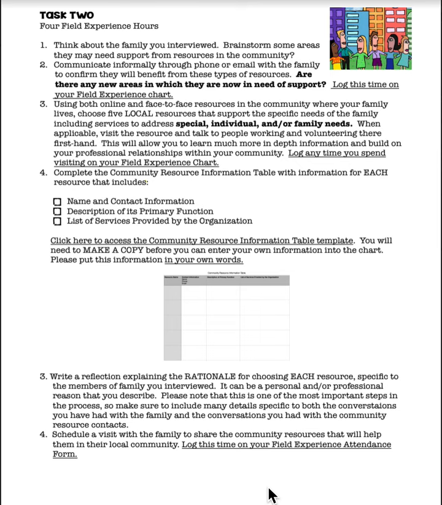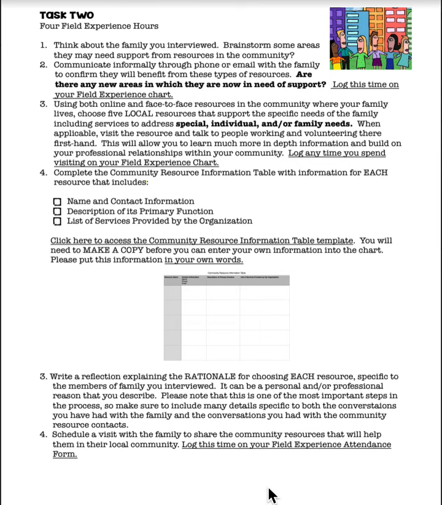the signature area blank. Also, we are going to now go online once we have an idea of what we're looking for, and you can start with an online search of resources in the community where you're going to be looking to support the specific needs of the family in the areas of special needs for the child, something individually for a parent or the child, basically just something they may need.